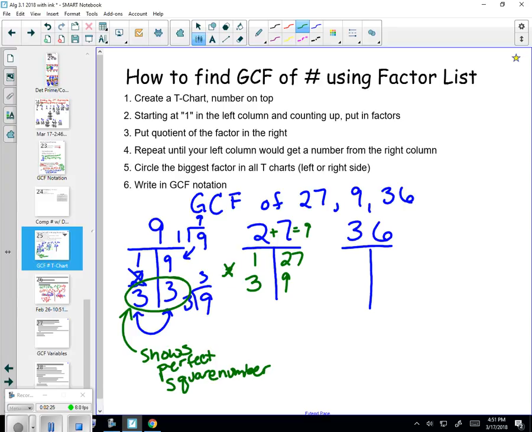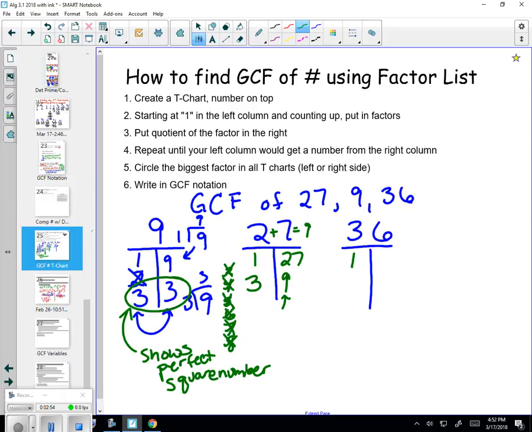It does not end in 5 or 0, so 5 won't go in. 2 did not go in, so 6 won't go in. 7, 14, 21, 28 doesn't go in. 8, 16, 24, 32 does not go in. 9 was a number I already had, so we're going to stop. Our factors are 1, 27, 3, 9.